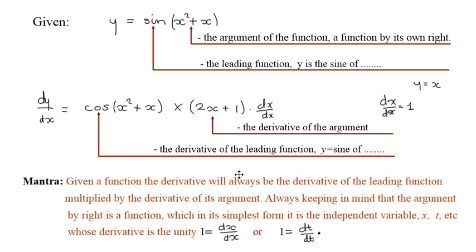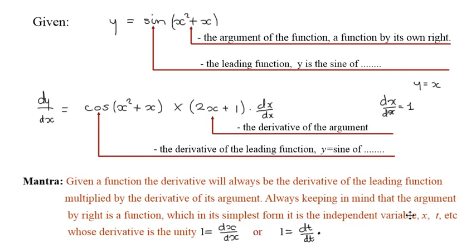So having this type of understanding of differentiation, we can create for ourselves a mantra for differentiation, which says: given a function, the derivative will always be the derivative of the leading function multiplied by the derivative of its argument.